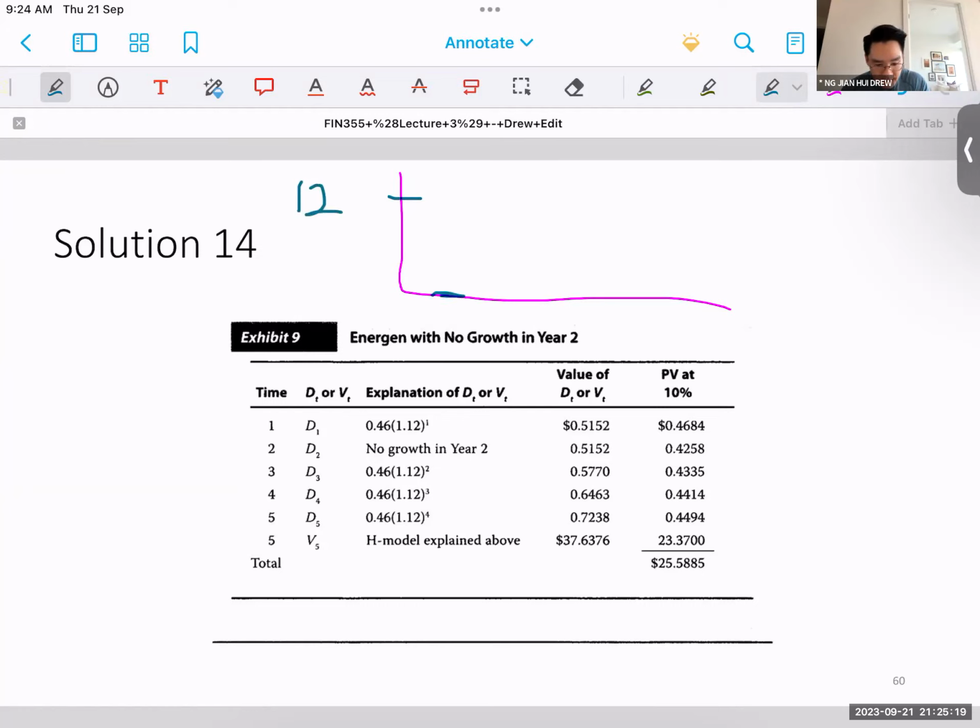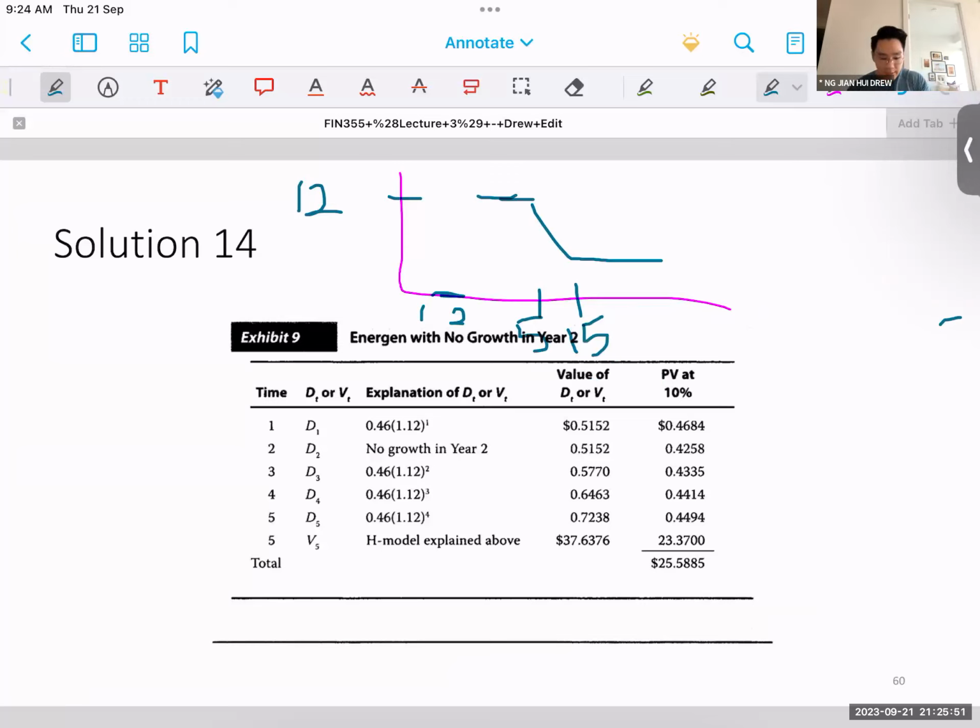Then it's flat in year 2, and then it goes back to 12% again. Then it's going to decline and become flat, and this is at year 5 and year 15. Everyone got that?